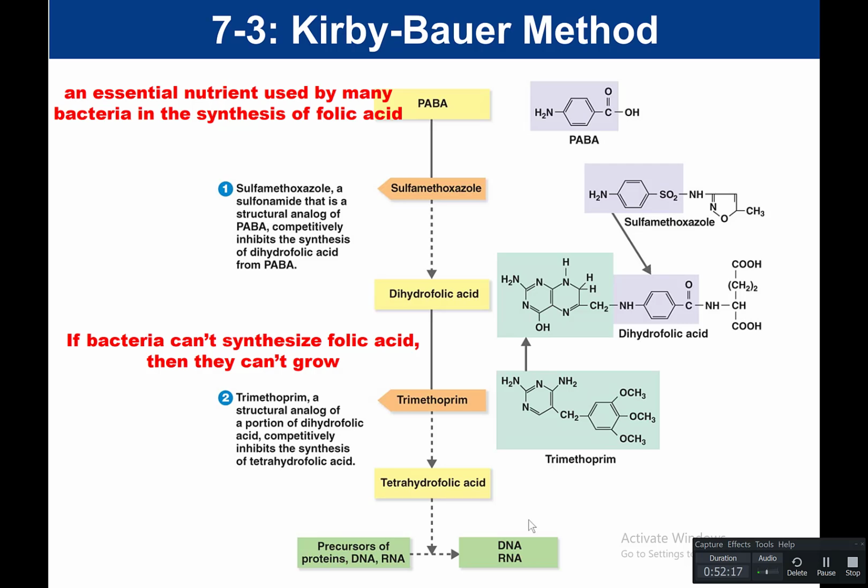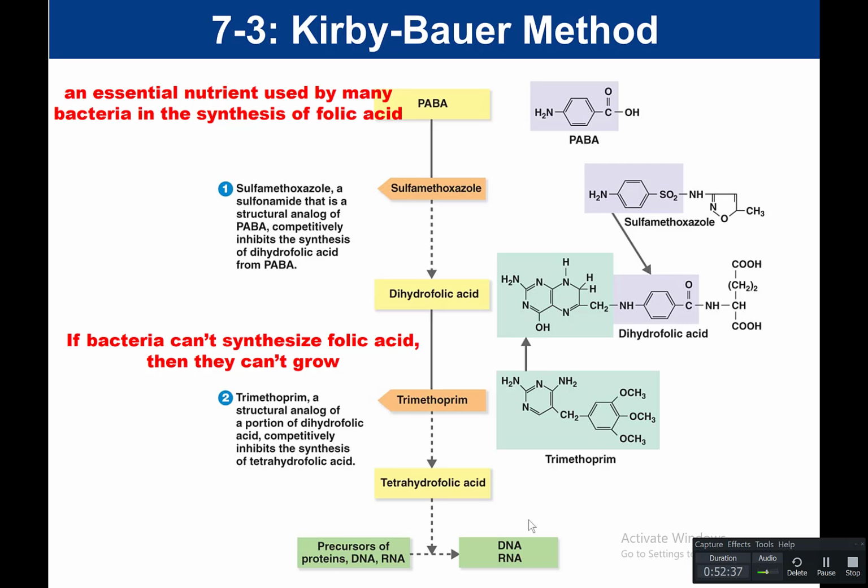For humans, we don't synthesize folic acid. We get our folic acid from our diet. We need folic acid too to make our nucleic acids. But bacteria, on the other hand, use PABA, and they will convert PABA into folic acid.